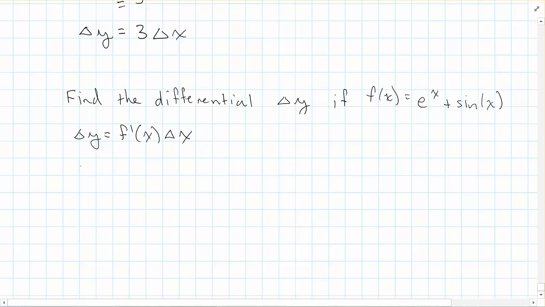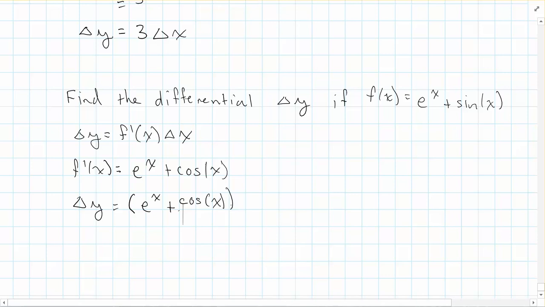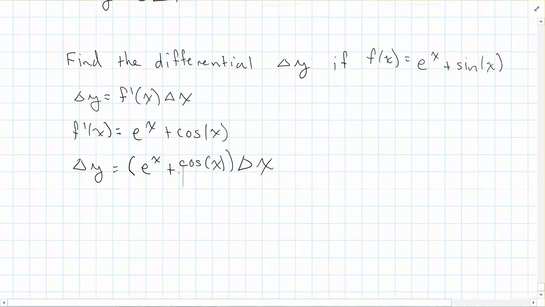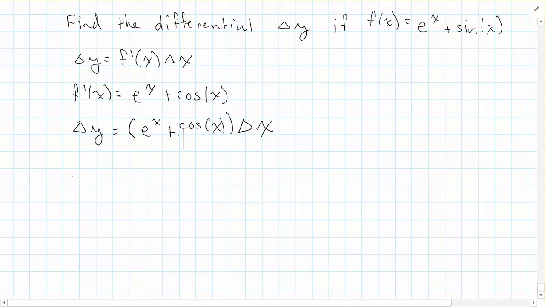And f prime at x would be e to the x plus cosine of x. So my differential would be, make sure to put it in parentheses, (e to the x plus cosine of x) times delta x.